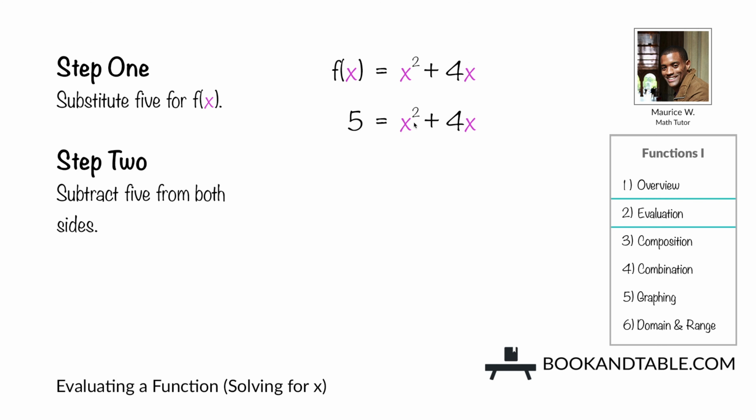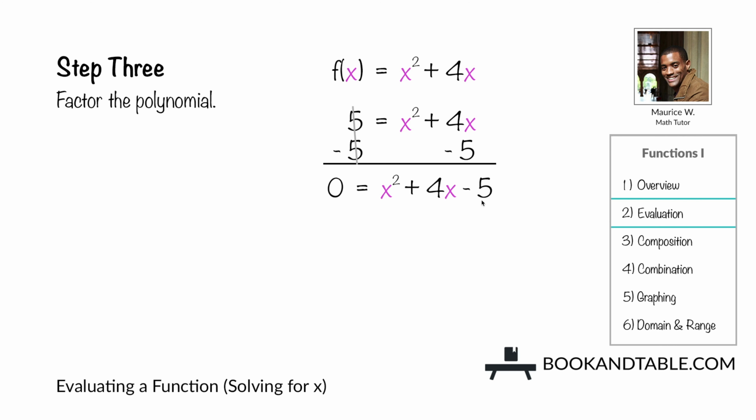And now, since we have a quadratic, we want to move 5 to the right side and then factor the expression. So we'll subtract 5 from both sides, giving us 0 is equal to x squared plus 4x minus 5. And now the third step, we want to factor the polynomial.